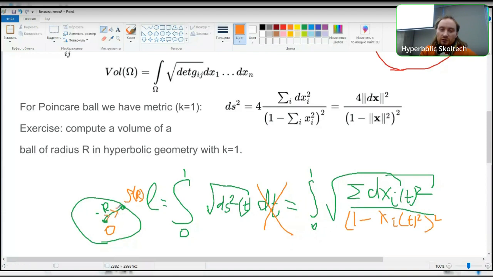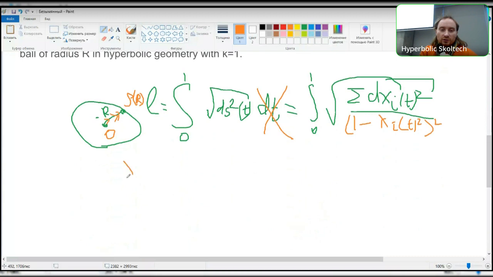So xi of t equals rho of r multiplied by t multiplied by, no, not a basis vector, but some constant.